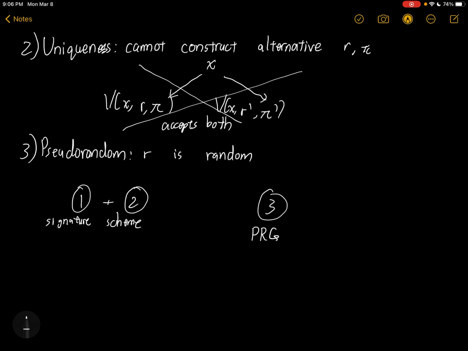So another way to think about this is if you combine these properties, we get verifiable random functions. So you can think of a verifiable random function as an object that has the properties of both a secure signature scheme and a strong pseudo-random generator.